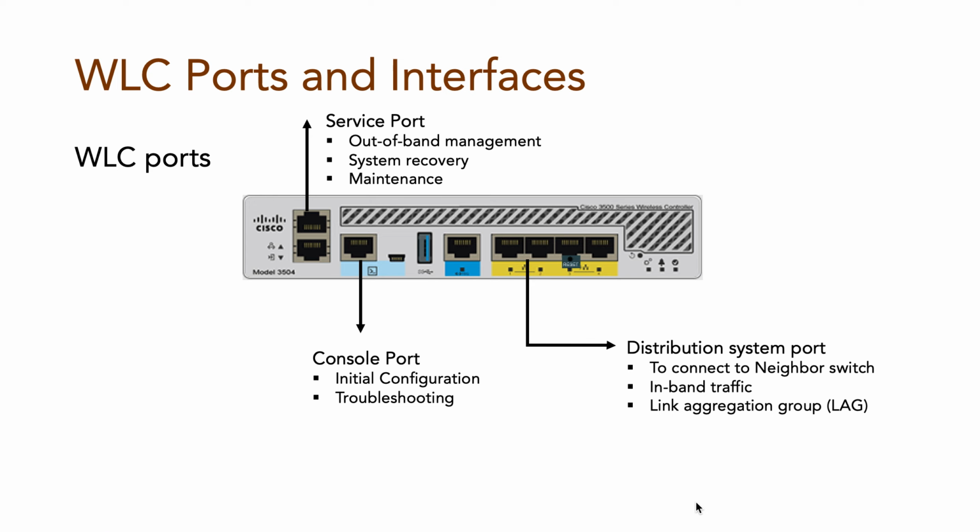It is the only port that is active when the controller is in boot mode. The service port does not support 802.1Q tagging, so you must configure the switch port on the other side in access mode. The fourth port we have is the redundancy port. This port is used to connect to a peer controller for HA operation or high availability operation.